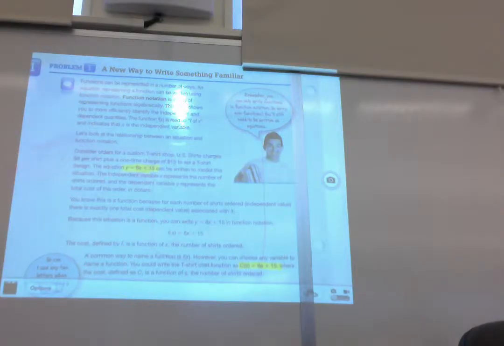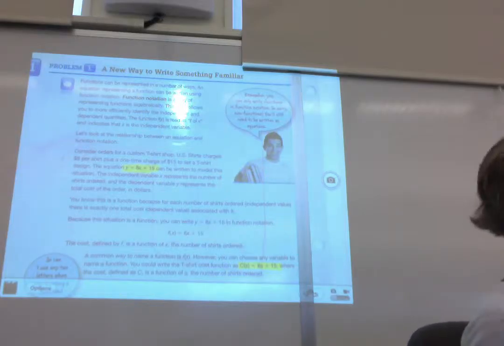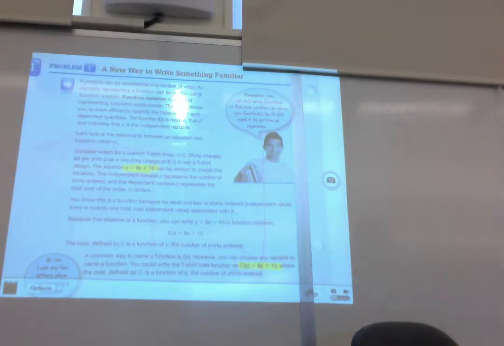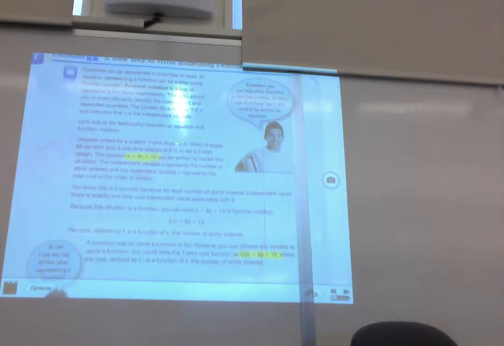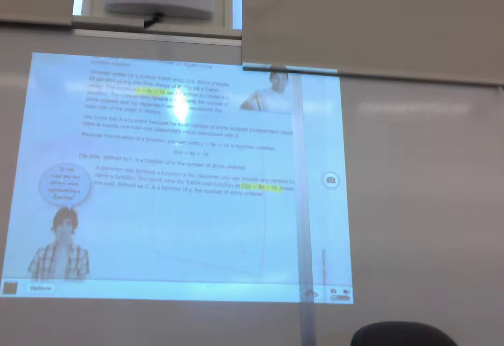A common way to name a function is f of x. However, you can choose any variable to name a function. You could write the t-shirt cost function as c of s equals 8s plus 15, where the cost defined as c is a function of s, the number of shirts ordered.